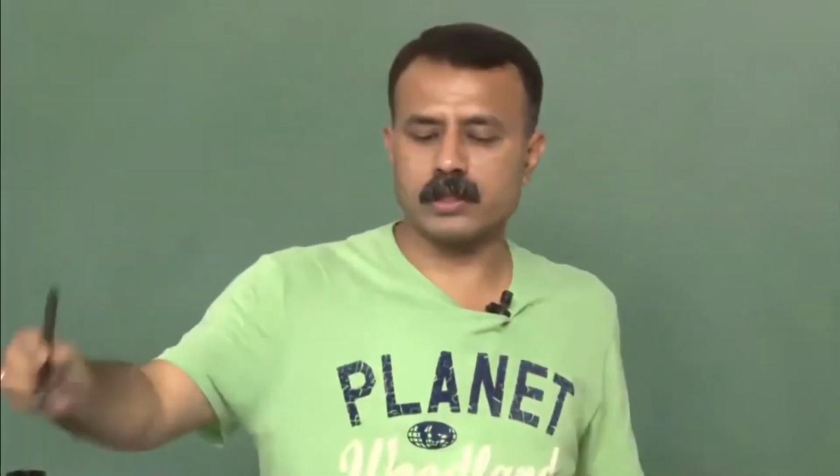There is another route which is called deamination. Deamination means you are removing the amine group. We talked about transamination where you are transferring; now we are talking about deamination. Let us talk about what is deamination.